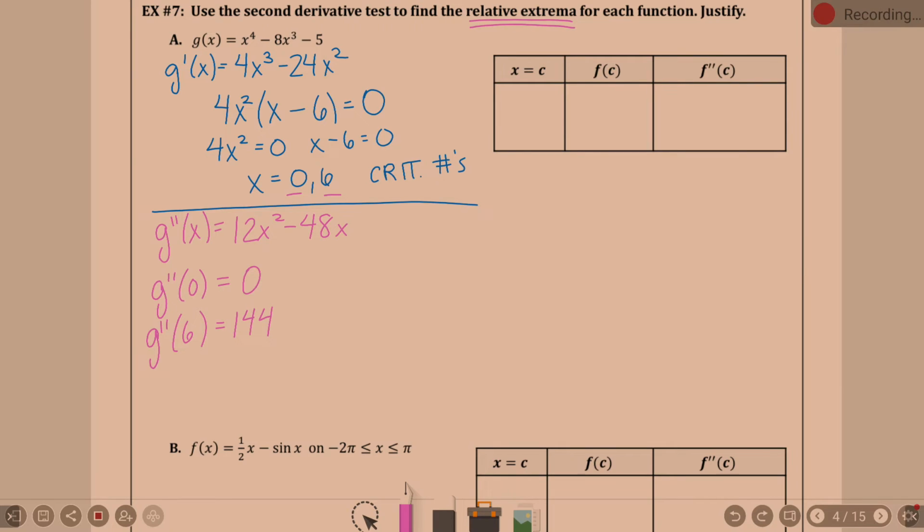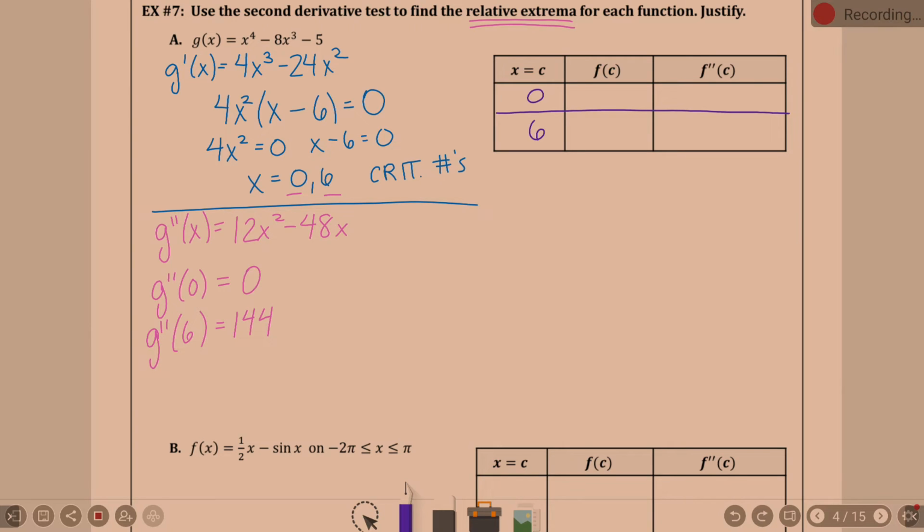Okay, now, what we have found here. Let me fill in the chart and then we'll talk about this. I don't know why this chart's set up. Our x equals c values are our critical numbers, which were 0 and 6, yes? I forgot.